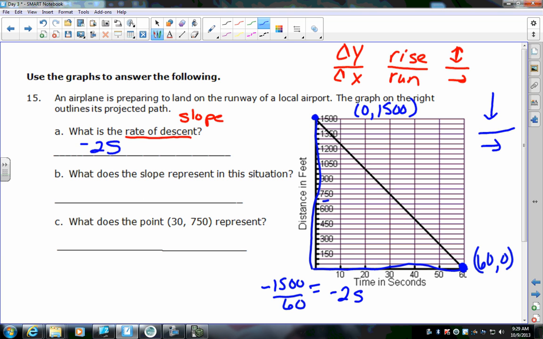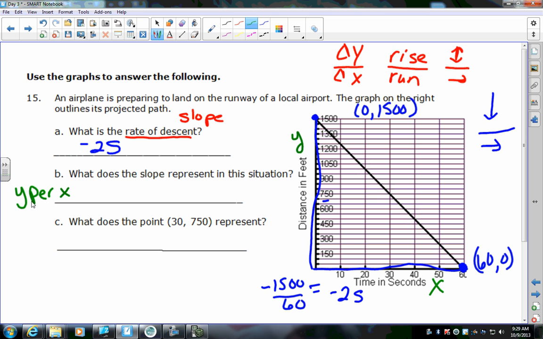But what does that mean? When it's asking you what the slope represents, you have to look at what is on your graph. If you will do it this way every time, you will get it right. Think of it as y per x. Now, y per x is not the answer, but I know my x and my y on the graph.